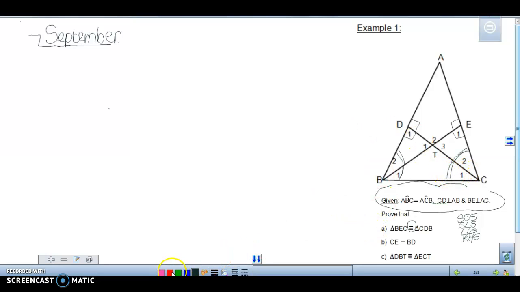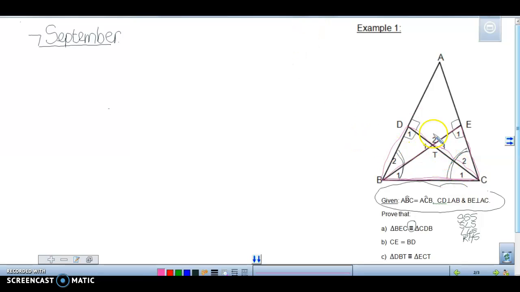So I want to mark the triangles so that you can see them clearly. So the triangles is BEC, so it means it's from B to E to C, so it means I'm working with this triangle, and CDB, which means it is from C to D to B. Okay, it's these 2 triangles.